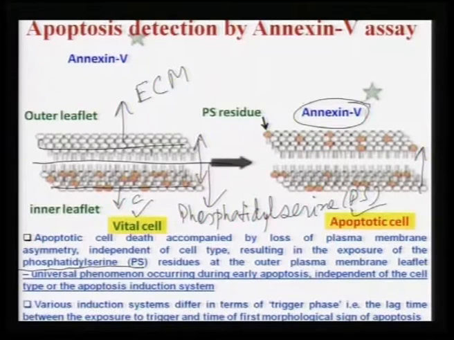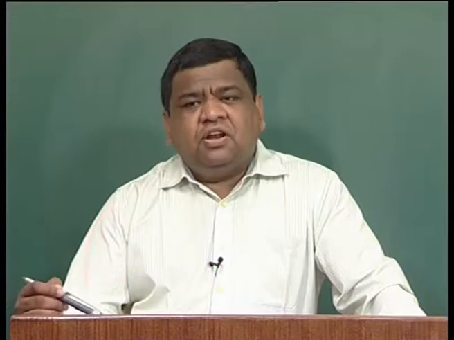It is like another dye, like the MTT type of dye. This annexin 5 can bind with the phosphatidylserine residue, and the more annexin 5 molecules react with the phosphatidylserine molecules, what will it indicate? It will indicate that more cells are in the apoptosis stage.